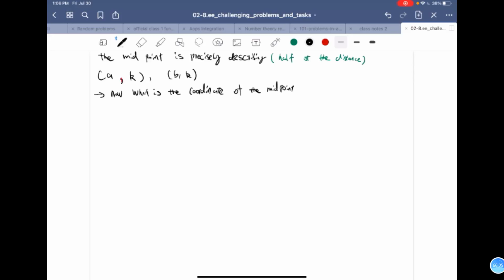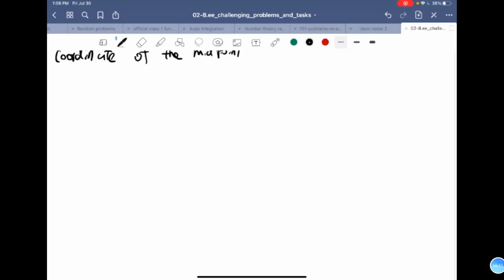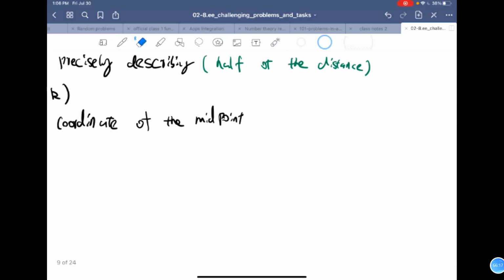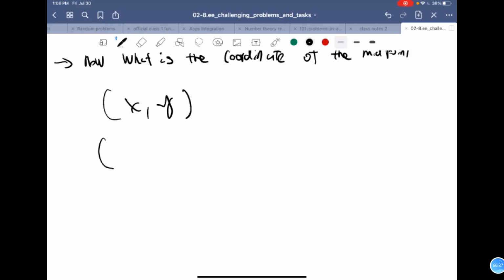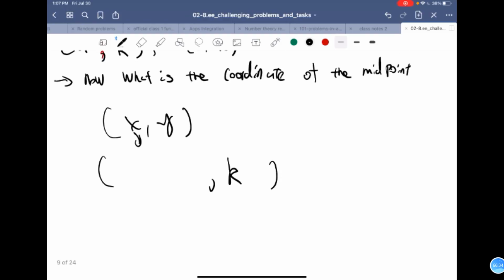Okay, how do you combine this with the basic coordinate in order to form this coordinate? In terms of distance, half of the distance, this is definitely right, but how do you further get here, xy? What exactly is xy? Y is k, right? What is x? The absolute value of a minus b and divide by 2.